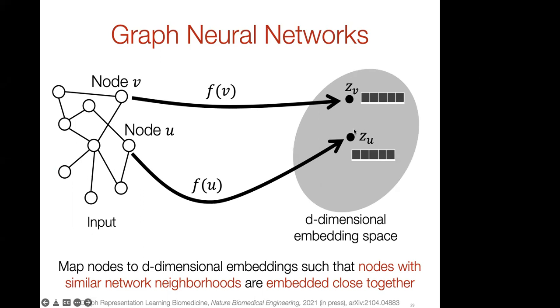the structure of that low-dimensional embedding space reflects the topology of the input graph. So that if we take these learned embedding vectors and we perform linear algebra operations with them, that will reflect similarity and structure of the input graph.